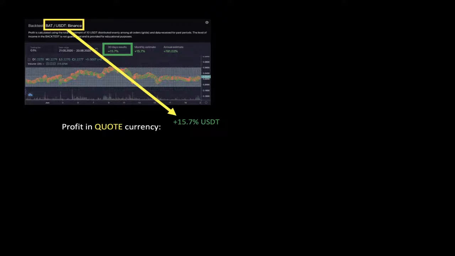So for instance, you see that's basic attention token trading to USDT, and you see that for the period of 30 days, the date range is the 21st of May until the 20th of June. If you would launch the bot at that time, at the 21st of May, then you would have generated 15%.